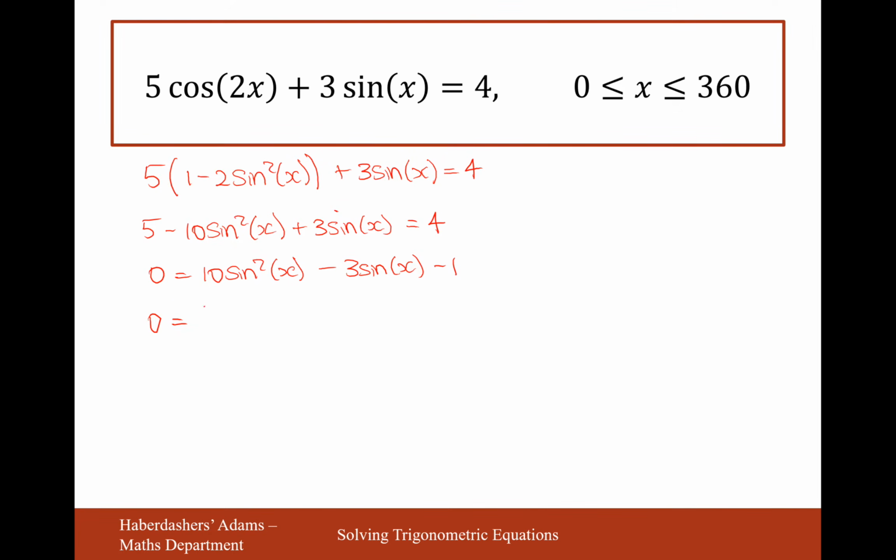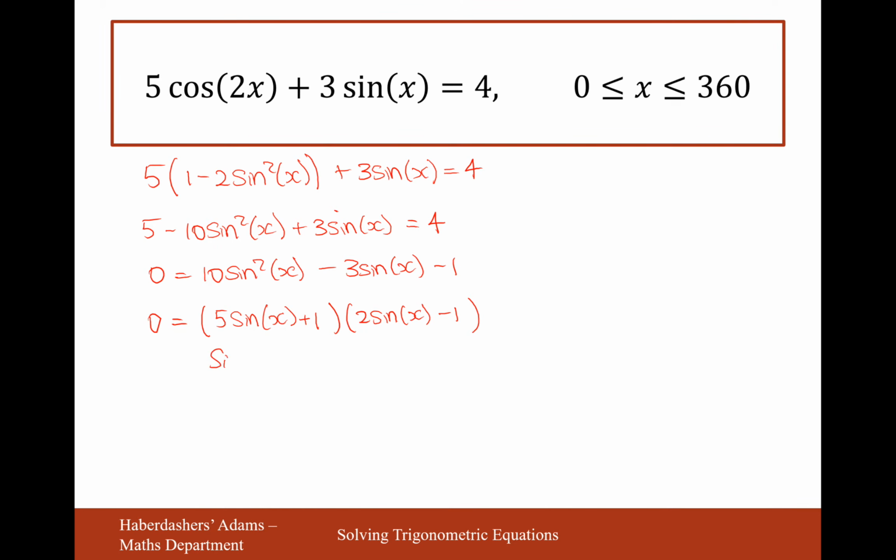Maybe we'll factorise it into a 5 sine x and a 2 sine x. And I think if I put the minus 1 on this side and the plus 1 on this side, then that's going to make it 5 sine x minus 2 sine x. So minus 5 sine x plus 2 sine x, I mean minus 3 sine x, lovely.